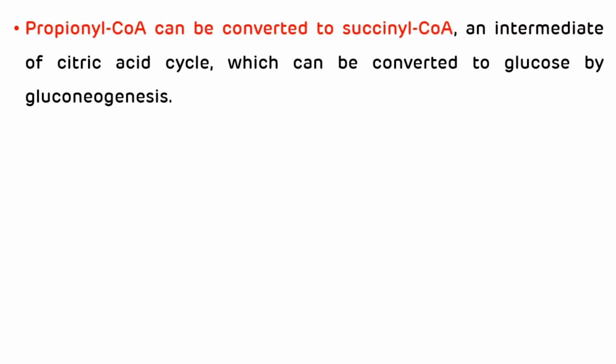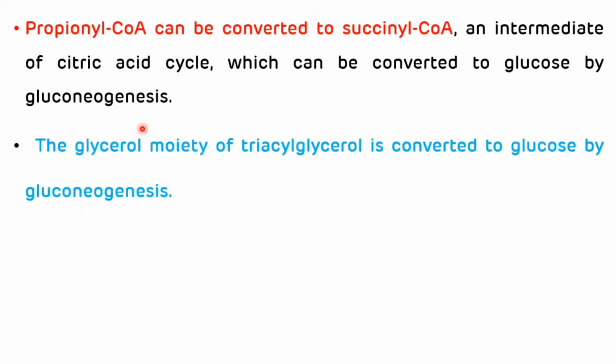This propionyl-CoA can be converted to succinyl-CoA, which is an intermediate of the citric acid cycle, which can be converted to glucose by gluconeogenesis. The glycerol moiety of triacylglycerol is converted to glucose by gluconeogenesis.